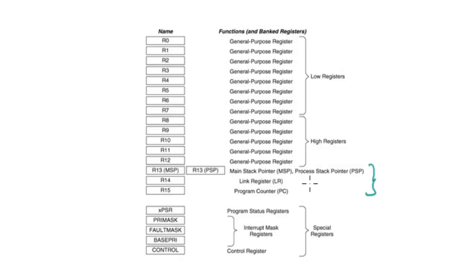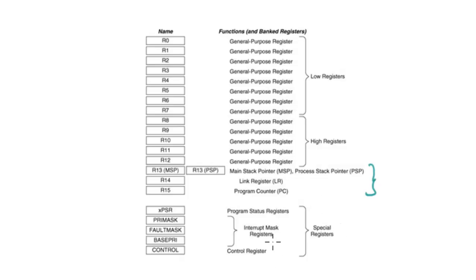So basically you have 3 special registers. The stack pointer handles pushing and popping of the data to the stack. The link register holds the return address whenever the controller goes into an interrupt service routine. And the program counter keeps pointing to the next instruction to be executed.